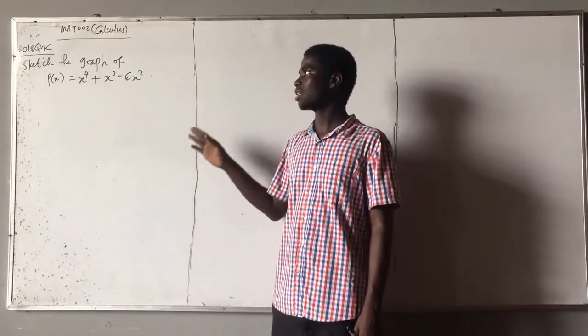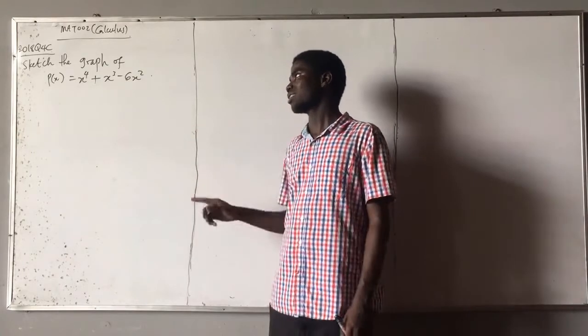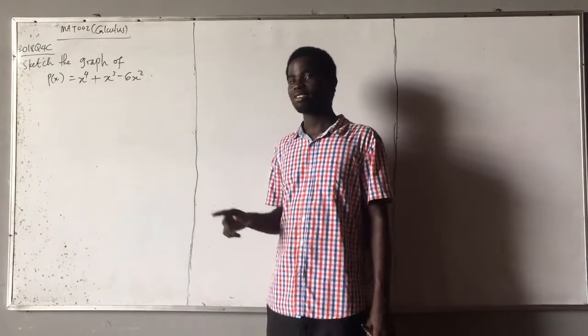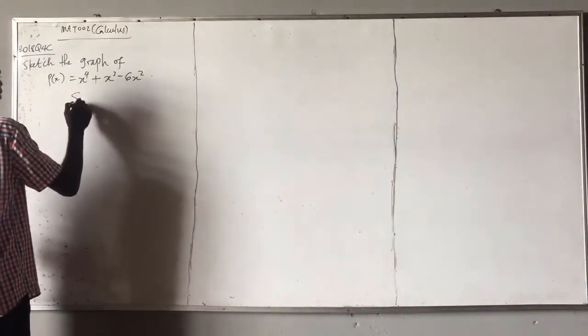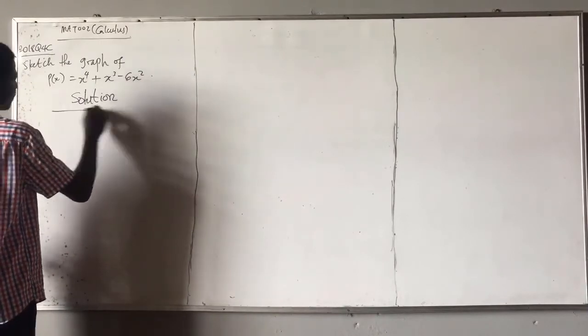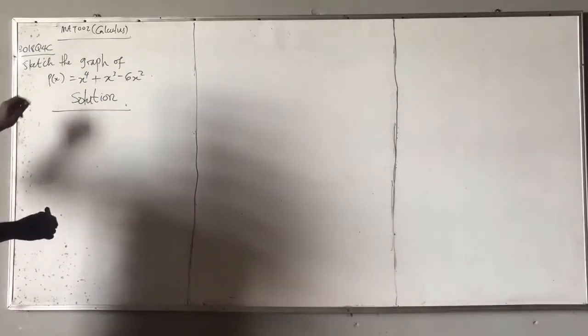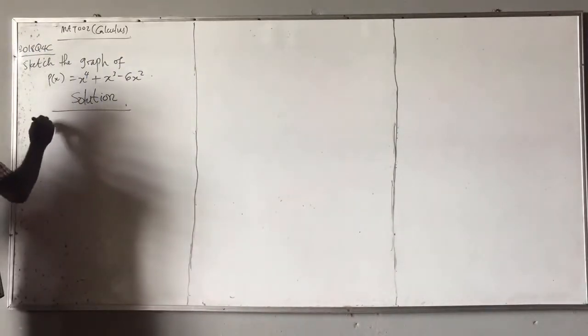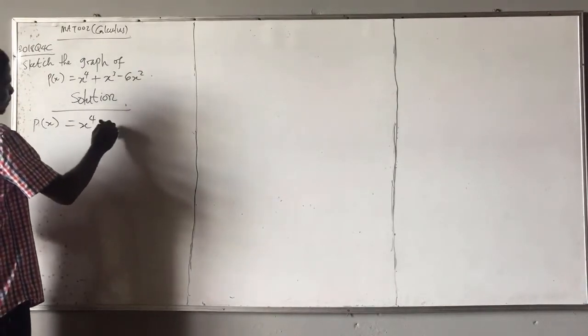Sketch the graph of P(x) equal x raised to power 4 plus x raised to power 3 minus 6x squared. Now, for you to be able to sketch the graph of something, there's one paramount thing you need to know.